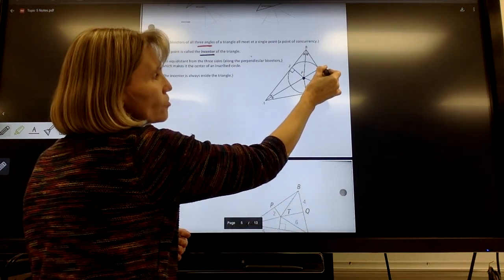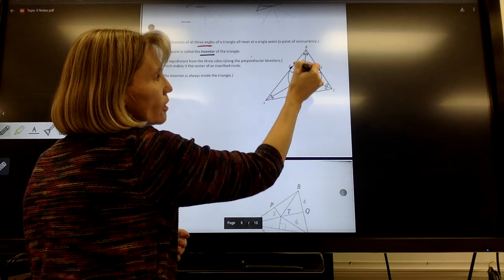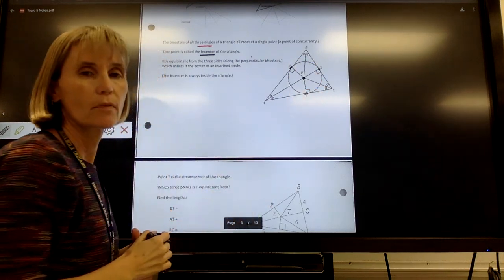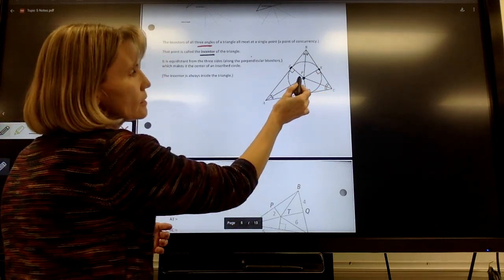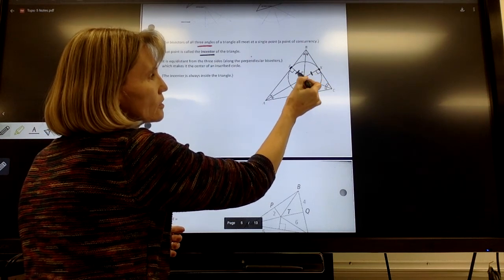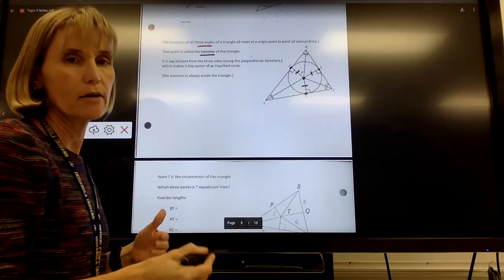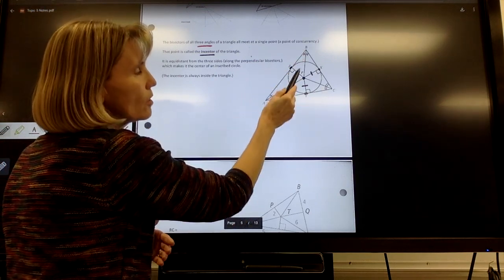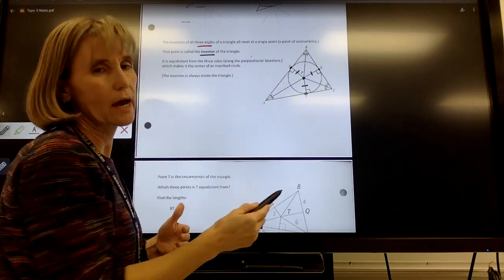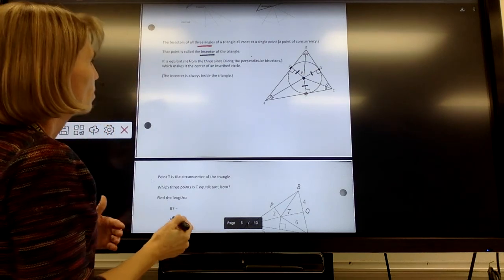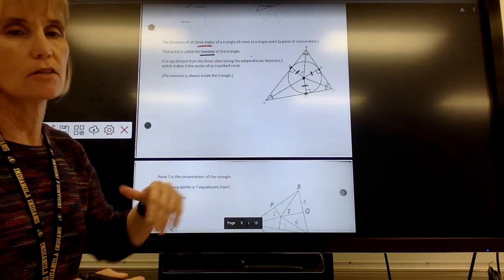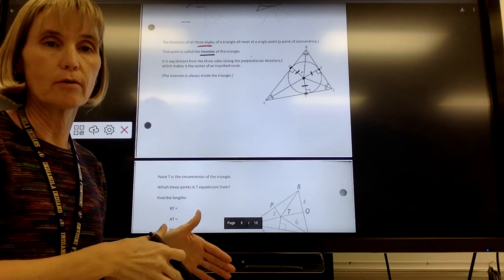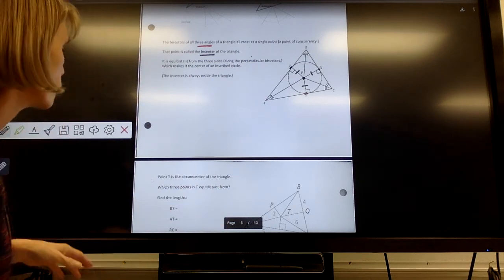And each side of the triangle is going to touch the outside of that circle. So what that means is the incenter is an equal distance from each side of the triangle. Not the vertices this time, that's the circumcenter, but it's equal distance to the sides of the triangle. Okay, it says the incenter is always on the inside of the triangle. So an incenter has to be inside the triangle.